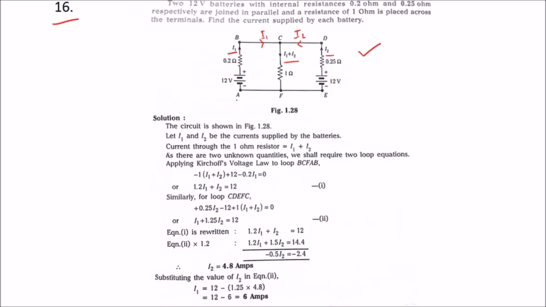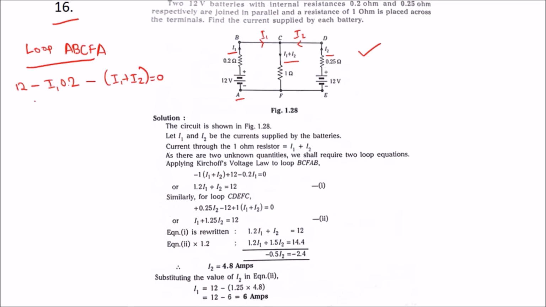The loop is A, B, C, F and A. So for loop A, B, C, F and A, let us write the Kirchhoff law: 12 minus I1 times 0.2 minus (I1 plus I2) is equal to 0.